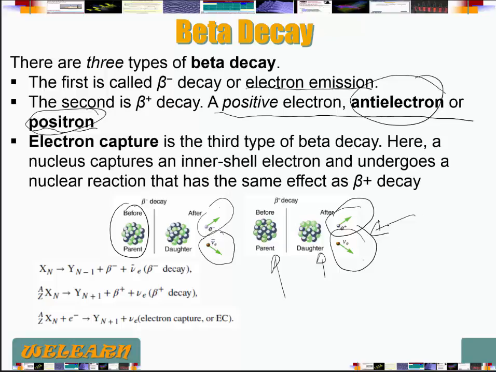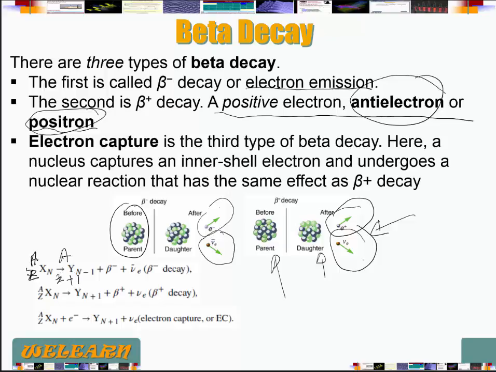Okay, now the reactions. Sorry here that this first equation does not have the full notation, but we should have A here and Z here. So this is going to be A, and then it's going to be Z plus 1.